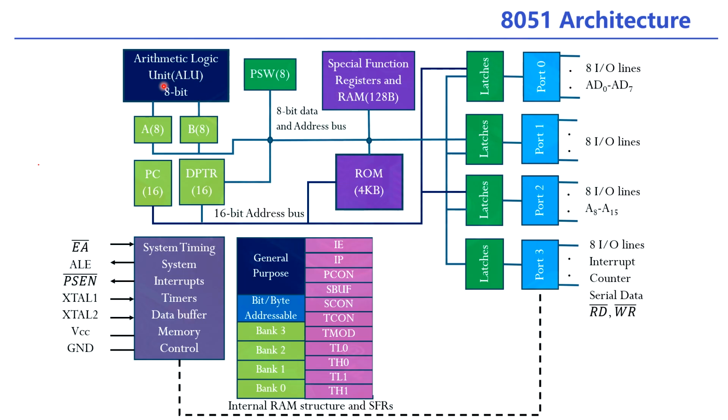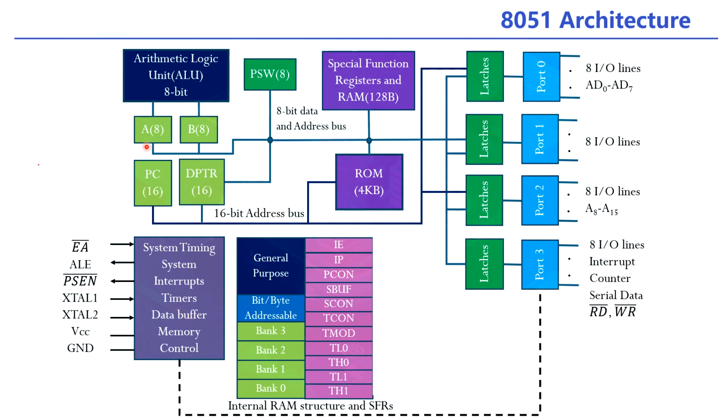After execution of the operation, the result is written back to the accumulator. If any conditions are produced, they are stored within the PSW. This is the operation of the arithmetic logic unit in the 8051 microcontroller.